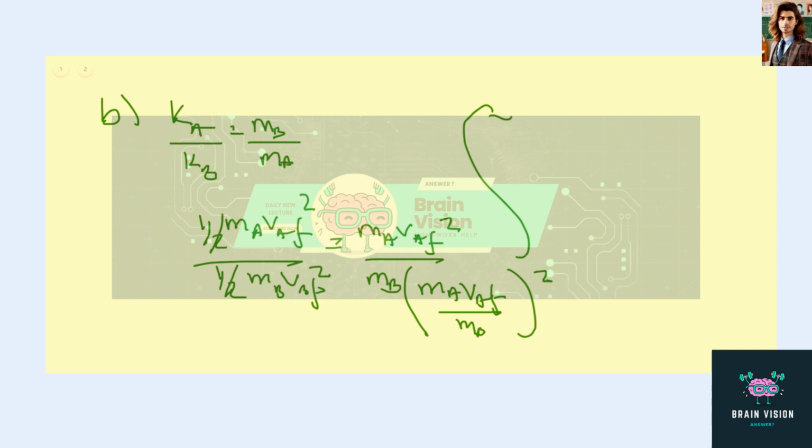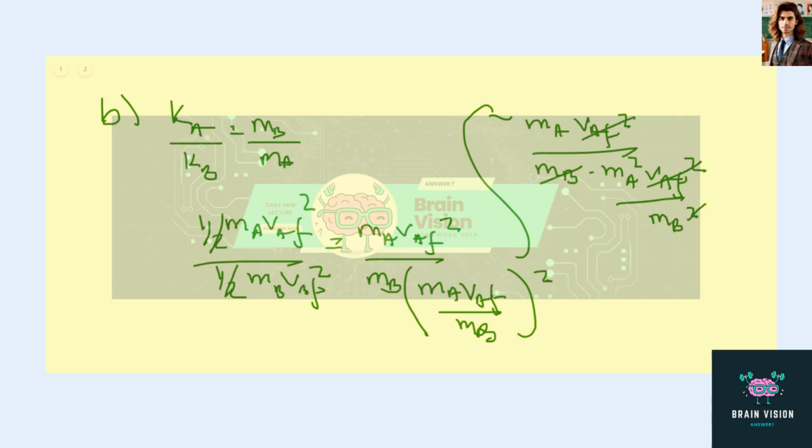We simplify the problem. We get MA VA final squared over MB times MA squared VA final squared, which is MB squared. You can use that to simplify. It cancels one, and the VA final squared will also cancel.